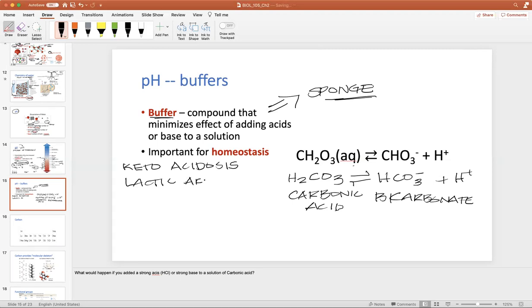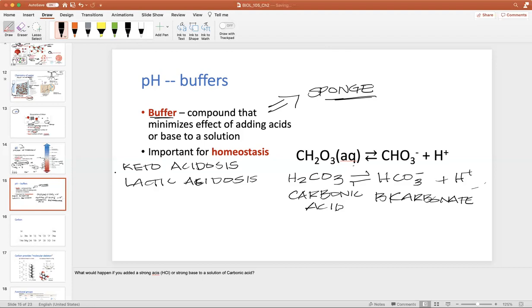These are both forms of what we call metabolic acidosis. What does that mean? Well, these are processes in your body that lead to a lot of hydrogen ions circulating through your bloodstream.